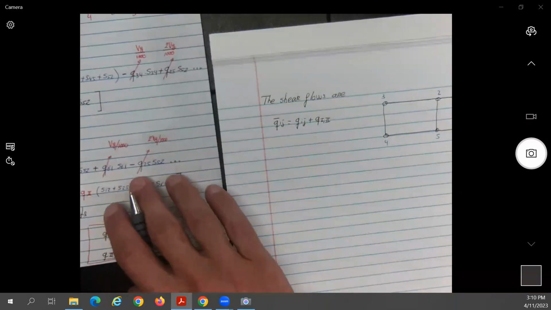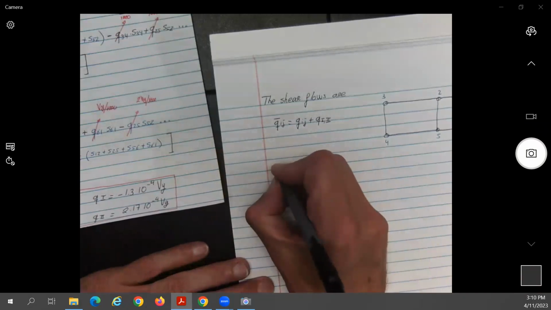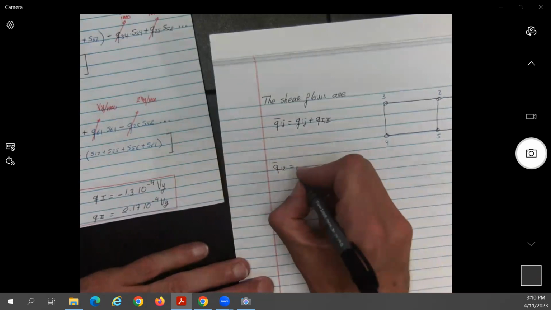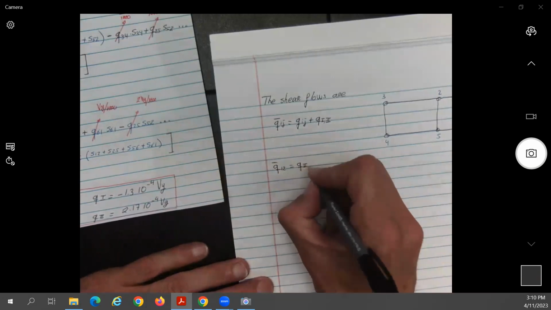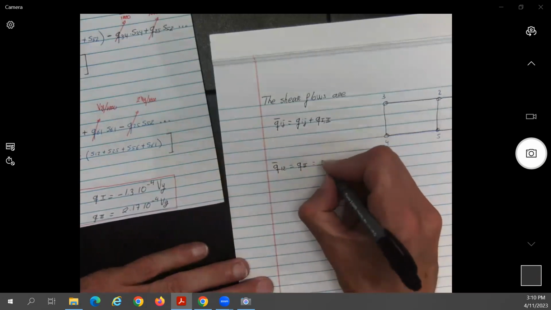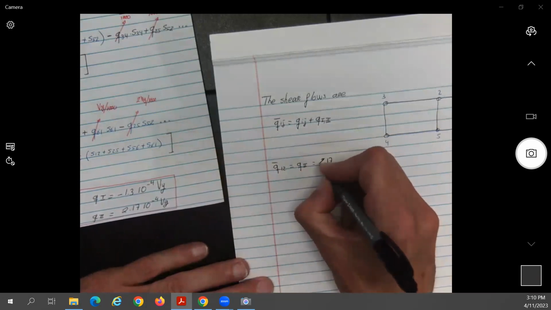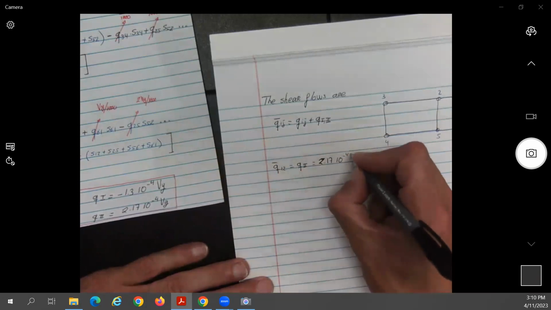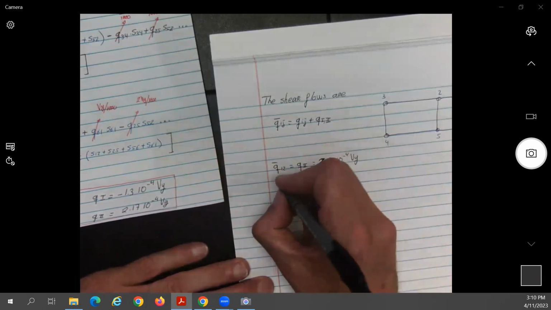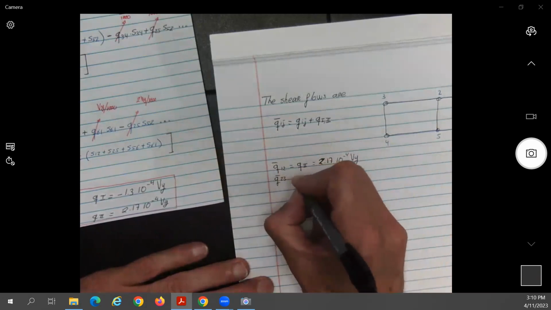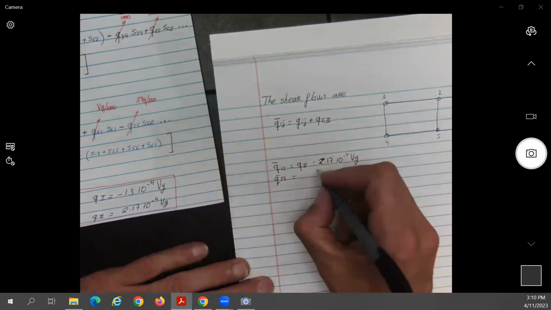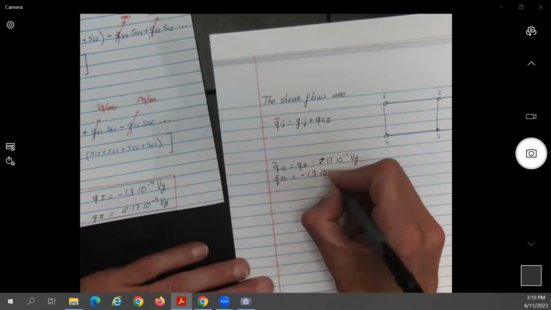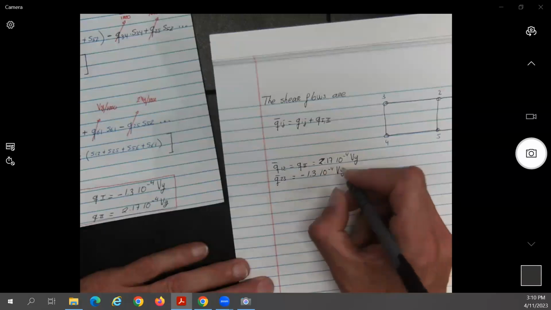All right, so get ready here to copy. Q bar 1, 2 will be equal to Q2, so it's equal to 2.17 10 to the negative 4 Vy. Q bar 2, 3 would just be equal to negative 1.3 10 to the negative 4 Vy.